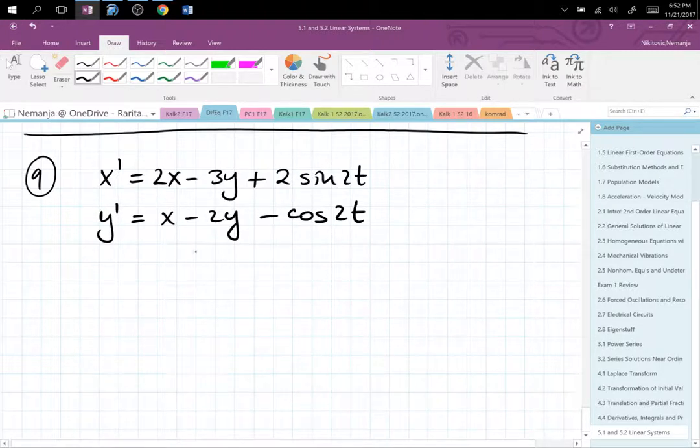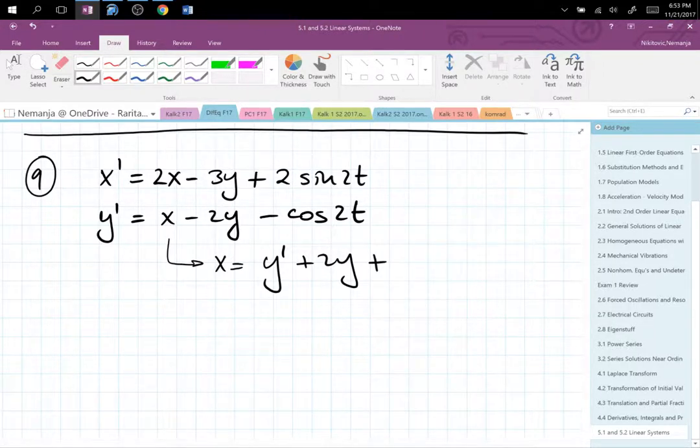Solve for x? Yes. So x is equal to y prime plus 2y plus cosine 2t.